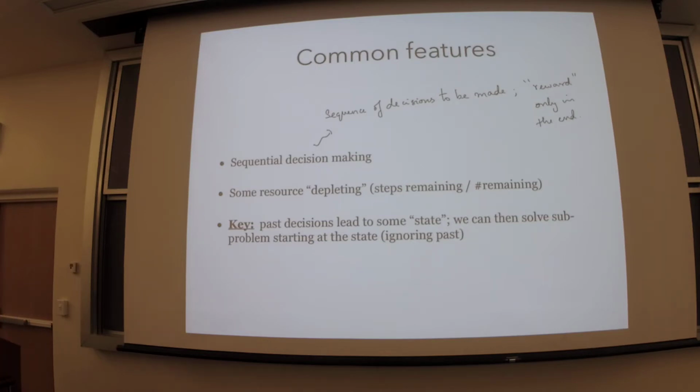Can anyone say how you can think of subset sum in this form? Like it's a sequence of decisions and then you see a reward in the end. Decisions are use it or don't use it. Okay, and what are the rewards? No, that's not the reward. I mean, that's the algorithm, right?